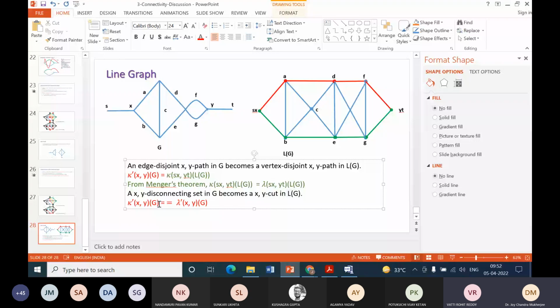Now if it is an xy disconnecting set here in G, then it becomes an xy cut in LG. So from this line I can write this.